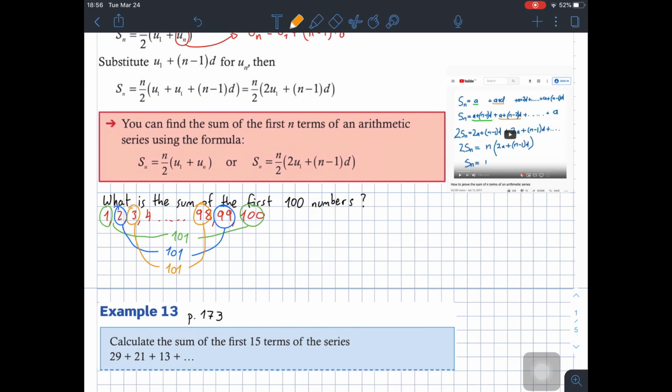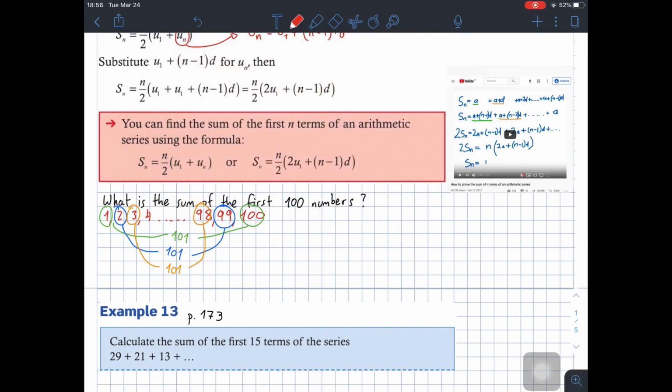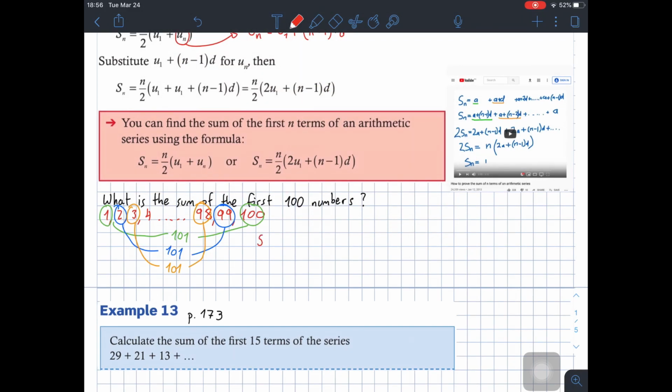We're getting it half the times because we're always adding pairs of numbers. So if we want to find the sum of the first 100 terms, what we do is we divide the number of terms we have by 2, because we're adding 50 times this sum, which is 101.